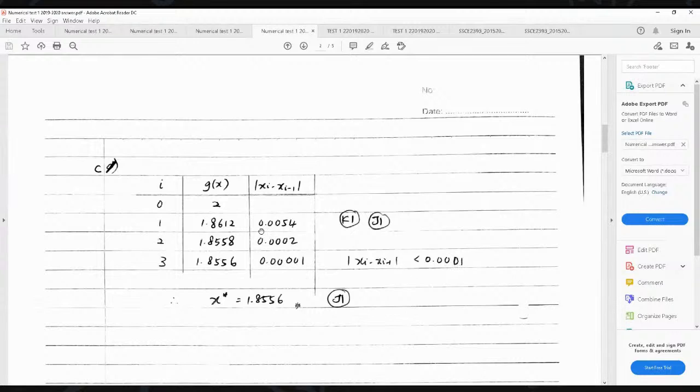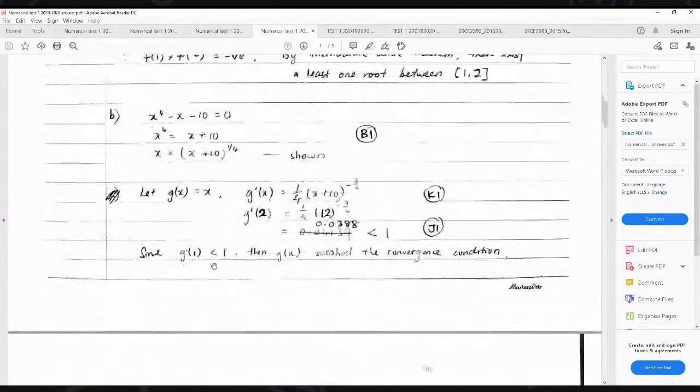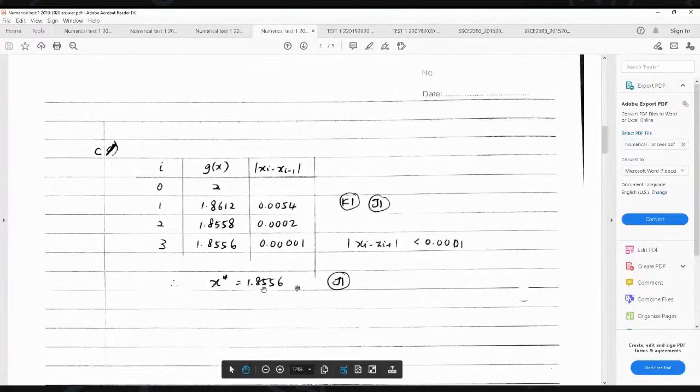So you just need 3 iterations to get the root. What is the root? The root of x power 4 minus x minus 10 is x equal to 1.8688556.